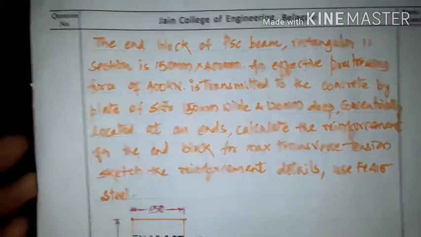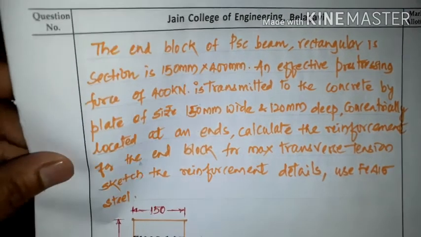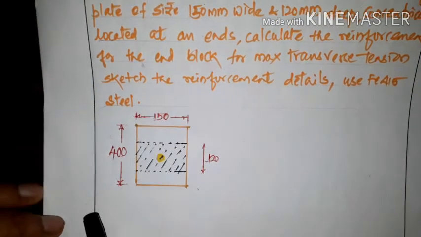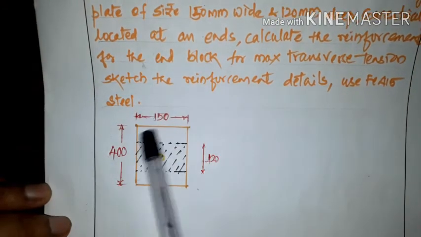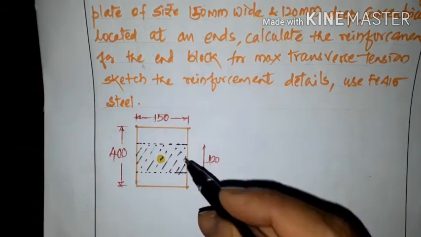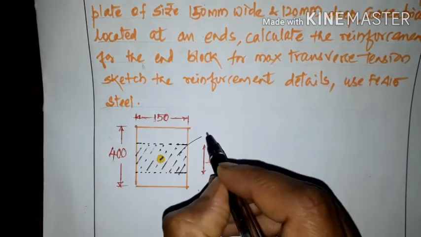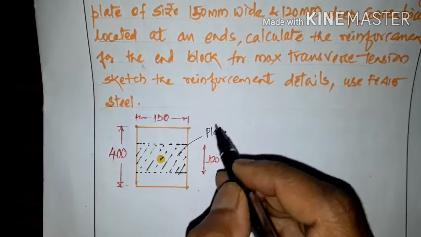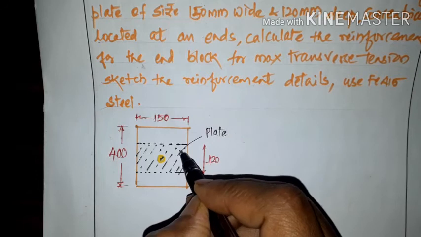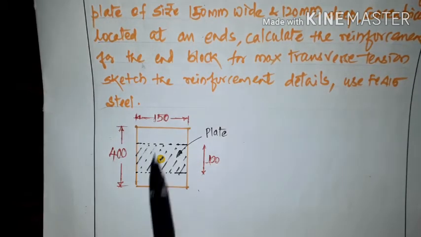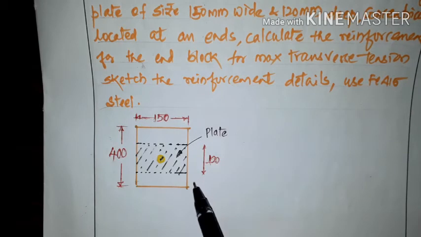Okay, so we have here the beam, which is 150 mm wide and 400 mm deep, and the anchorage plate is 150 mm wide and 120 mm deep.